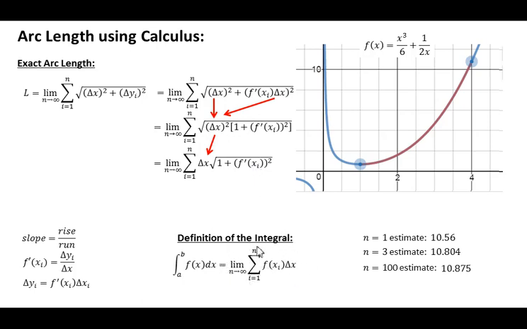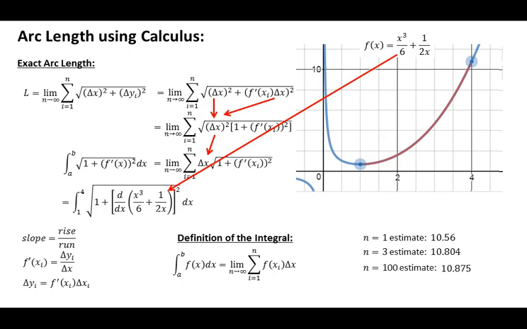And in fact, at this point, we can just use the definition of the integral, and we can say that this limit right here, according to our definition of the integral down here, is just going to be equal to the integral from a to b of the square root of 1 plus f prime of x squared dx. And now what we've changed here, you notice that x is now a continuous x, whereas here it was incremented x sub I. So now we've applied our definition of the integral, and we can translate this infinite sum into an integral that we can solve.